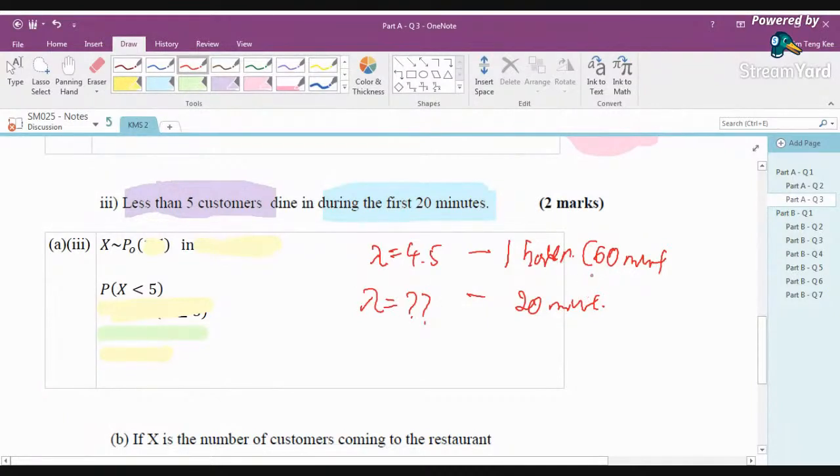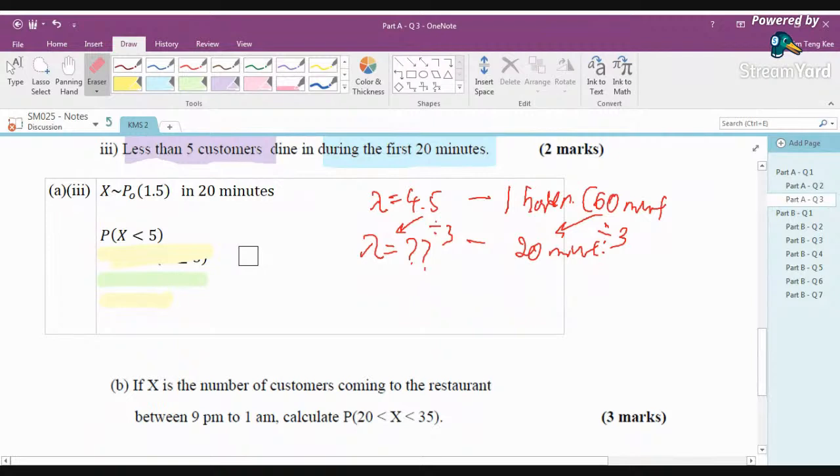This is just simple maths calculation. From 60, you want to turn into 20, we divide by 3. So the same thing, the lambda 4.5, we're going to divide by 3, and this gives us the distribution as 1.5 for the time period of 20 minutes. So later, when you refer to the table for the answer, we refer to lambda 1.5. Go on.